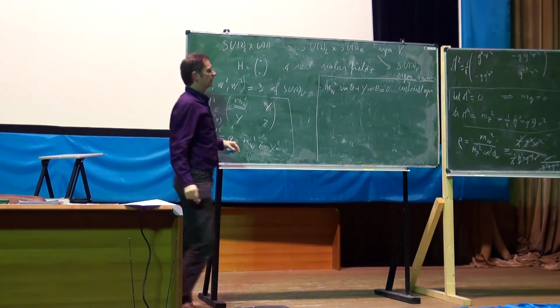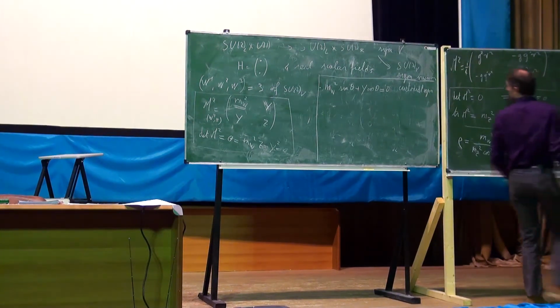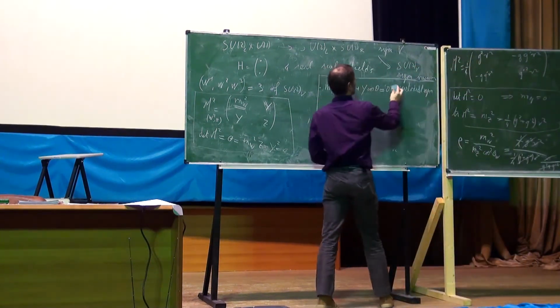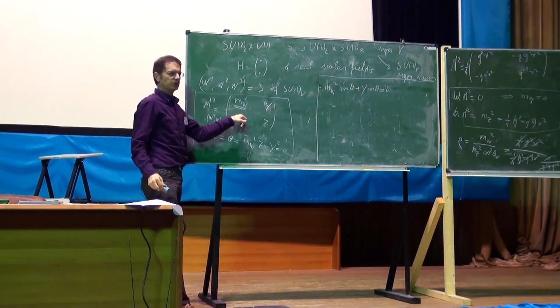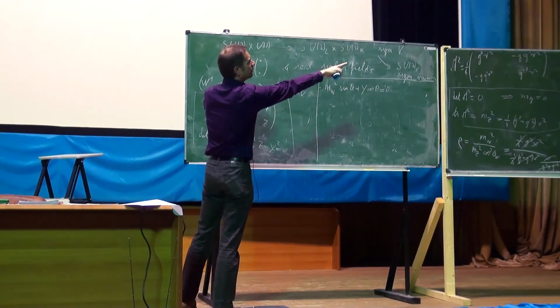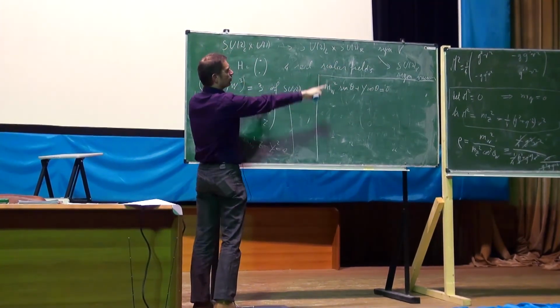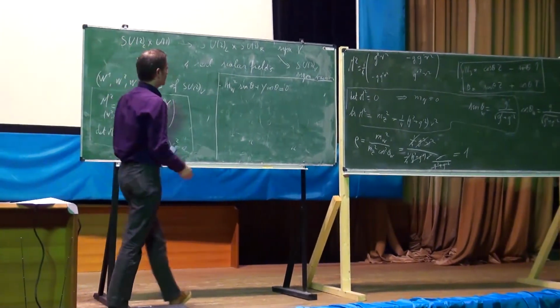This is just telling you that the photon, which is obtained by this relation, should be a massless particle, so it should be associated to a massless eigenvalue of this mass matrix. Okay? Is it clear? You have the mass of the W squared times minus sine theta plus Y times cos theta, and this has to be equal to 0.